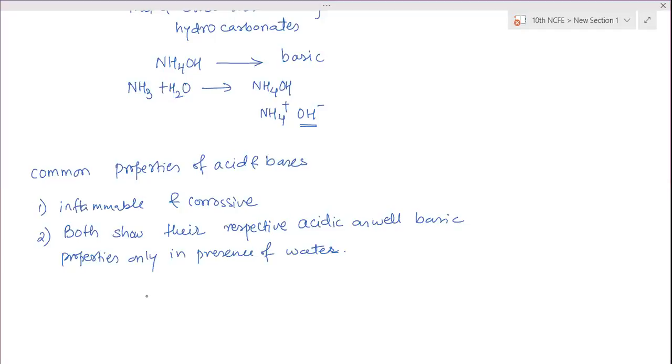What will you observe when you test this gas with number one, dry litmus paper, and number two, wet litmus paper? And why? Justify your observations.